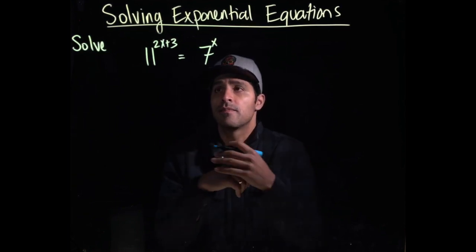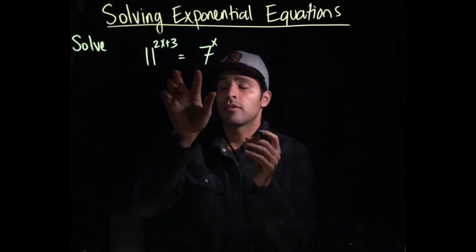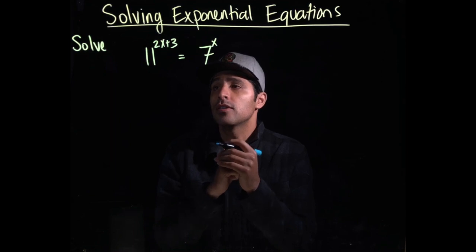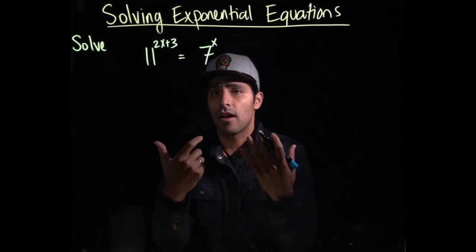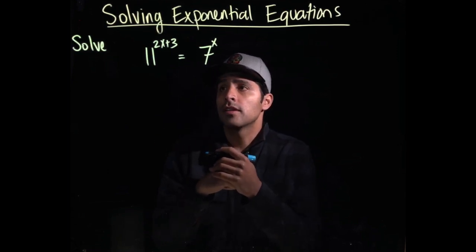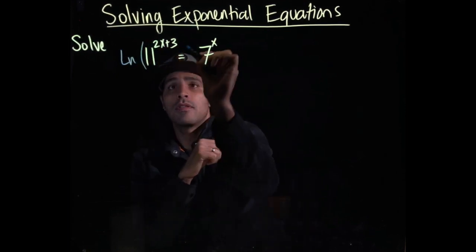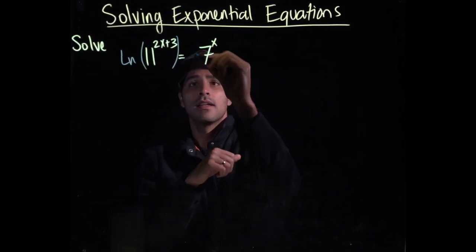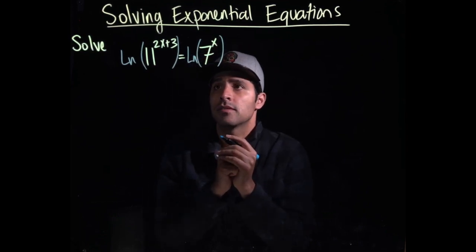You could take the natural log of both of them, or any kind of log as long as it's the same base. So let's go ahead and take the natural log of both sides. Since this is equal to this, the natural logs of those two things are also equal.